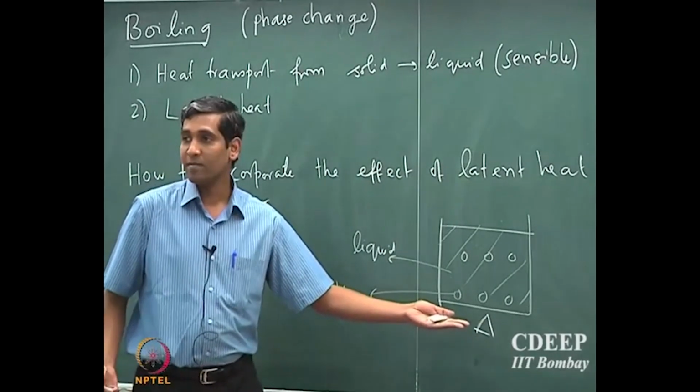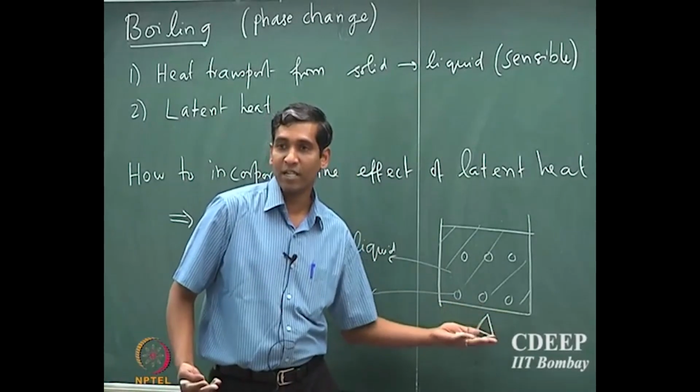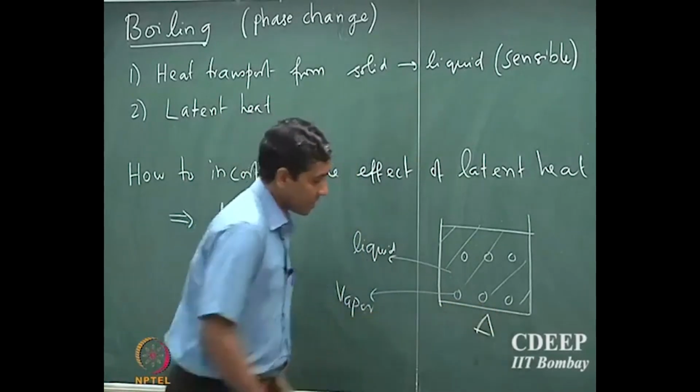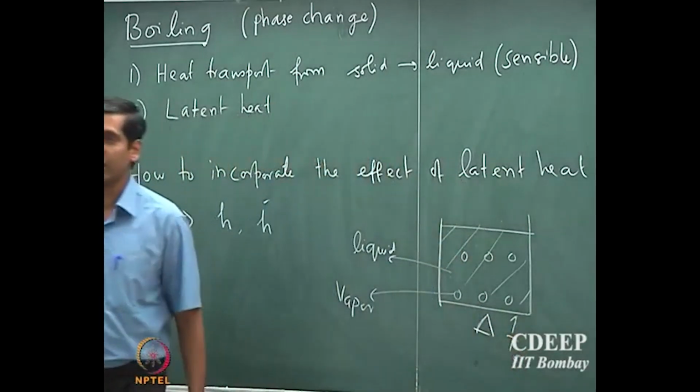Because there is latent heat involved here, whatever heat is supplied from the bottom surface of this container, let us say I can maintain this at some surface temperature Ts, okay.